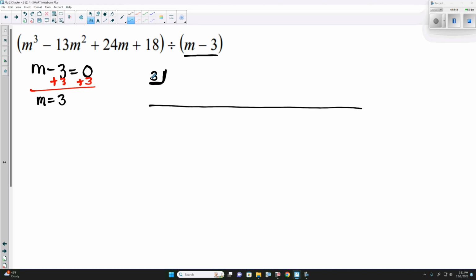Now, the next thing we're going to do is take the coefficients from what's being divided. So the numbers in front of the variables. The number in front of m cubed is 1. The number in front of m squared is negative 13. The number in front of m is 24. And our constant term is 18.